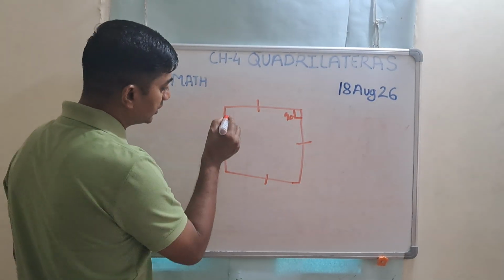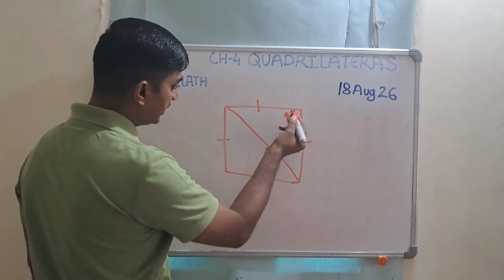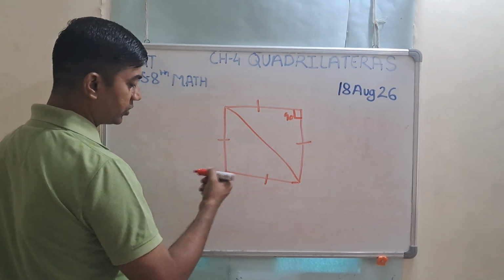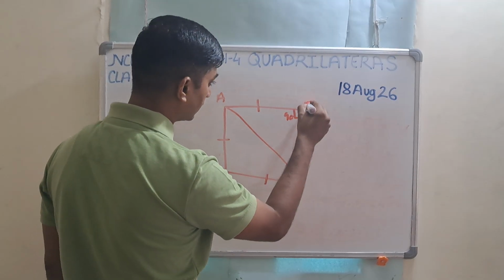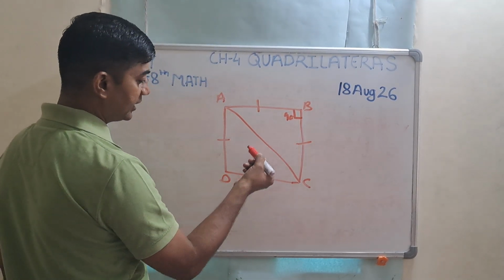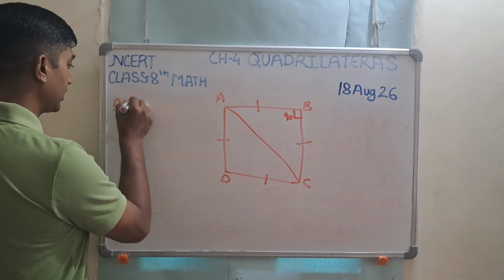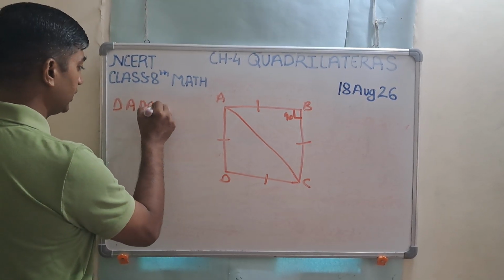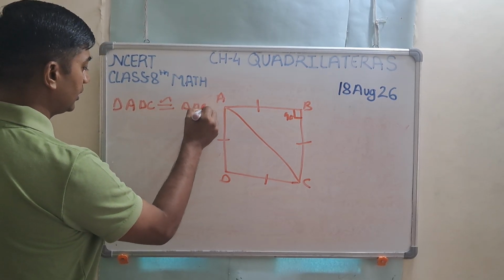What you will observe: suppose you join this diagonal and take these two triangles, you will find that triangle ADC is congruent to triangle ABC.